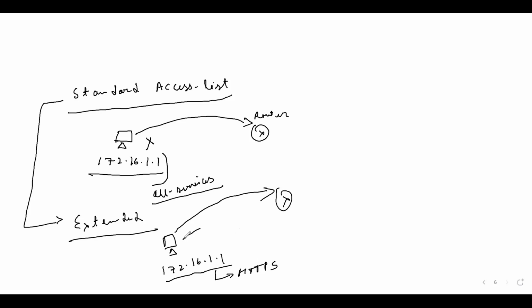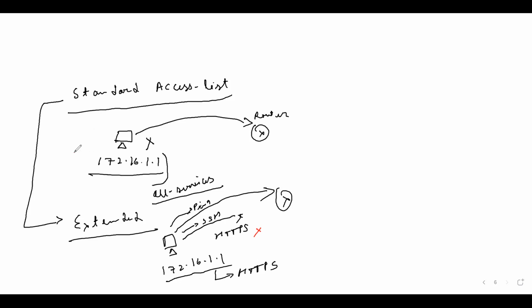So I will block only HTTPS traffic, not the whole network. It will affect only HTTPS. Ping will work, SSH will work, your other services will work, but only HTTPS will not work. So that is the beauty of extended.